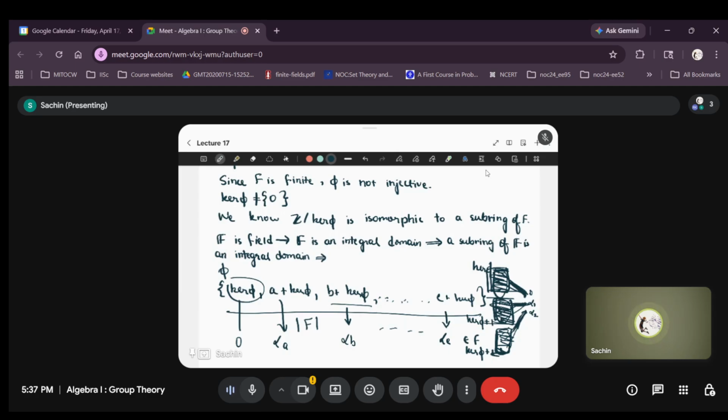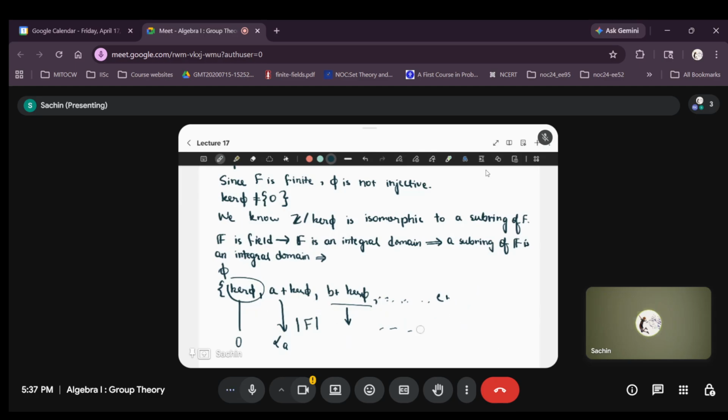So I haven't shown that, but that will also be true. On top of that, it is also a bijective function, so it is an isomorphism. So this kind of isomorphism exists between Z mod kernel P and the field F, not the field F, some subring of the field F.